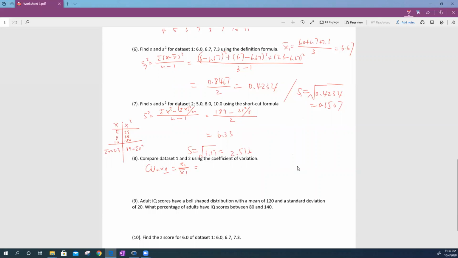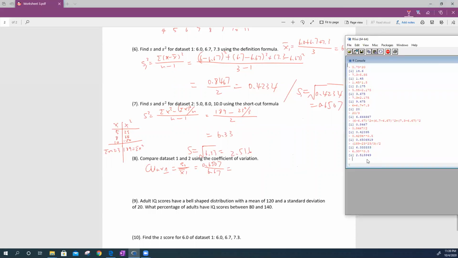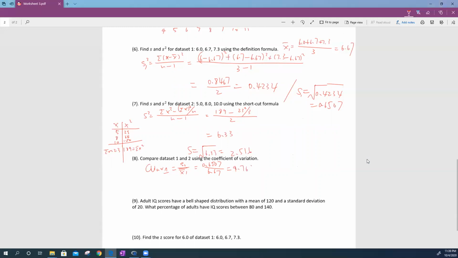So s1 is 0.6507 divided by x1 bar, 6.67. So let's see what it is. 0.6507 divided by 6.67. So that's 9.76%.